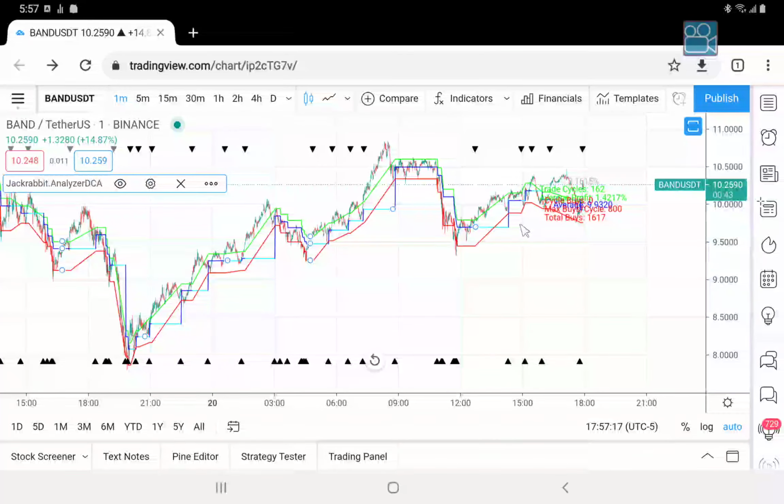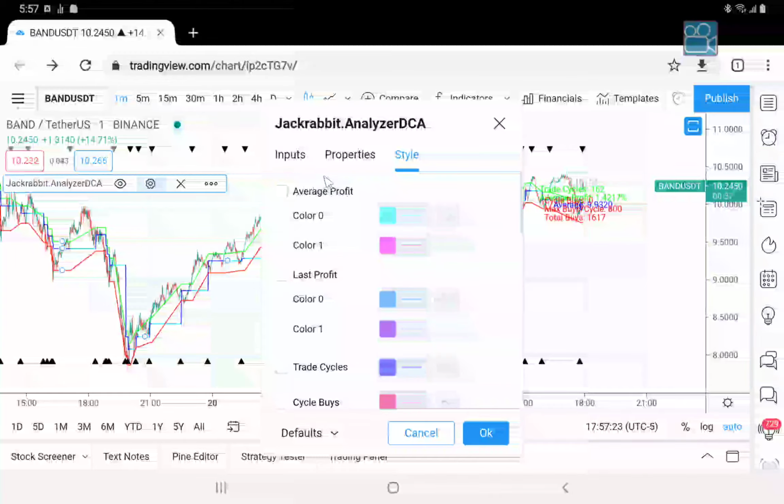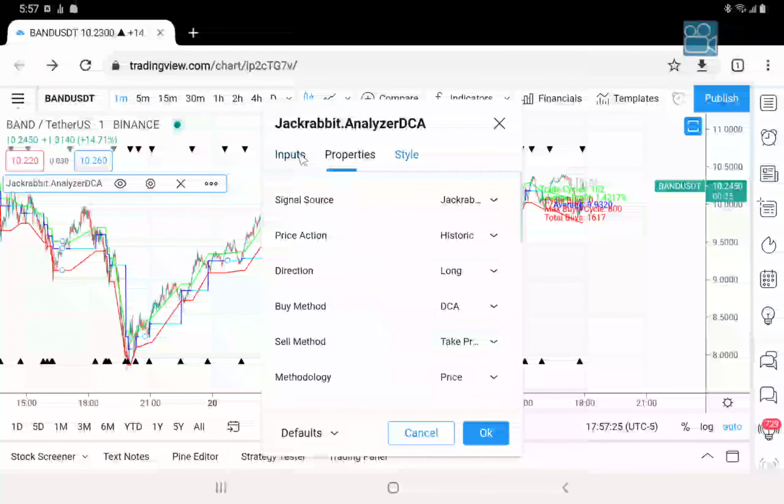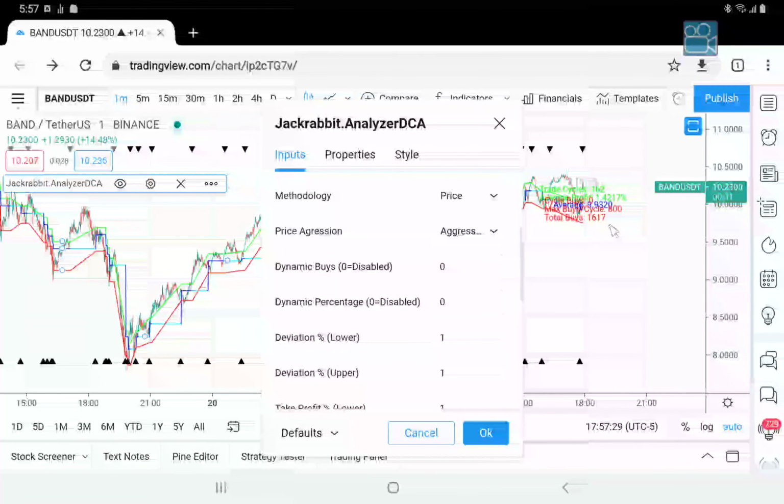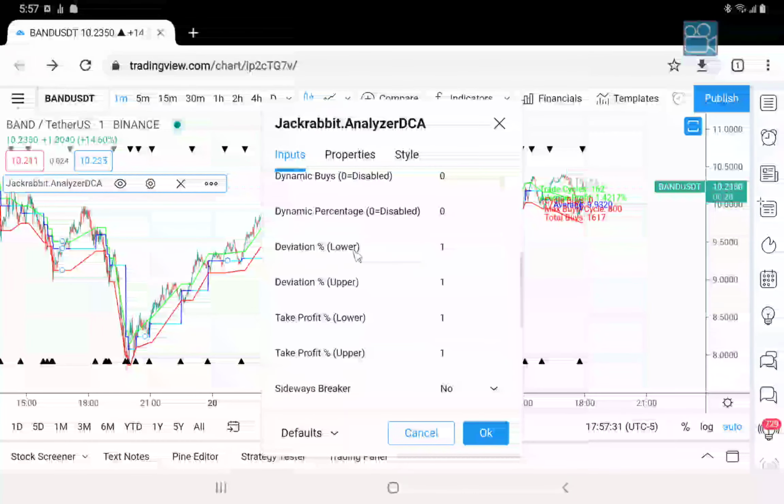Then we'll cut down a lot of the noise. Now I've already set this up with some changes to show this particular recipe. But the default changes now for deviation, upper and lower, and for take profit are now 2%. I modified these for the purposes of this demonstration.